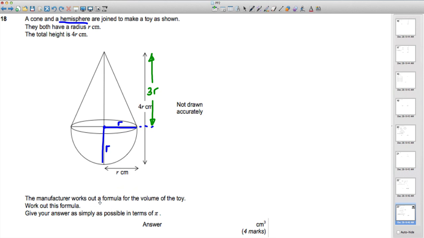The manufacturer works out a formula for the volume of the toy. Work out this formula, give your answer in terms of pi. Now, the volume of the toy, let's get ourselves some easy marks. The volume of the toy is the volume of the cone plus the volume of the hemisphere, right?